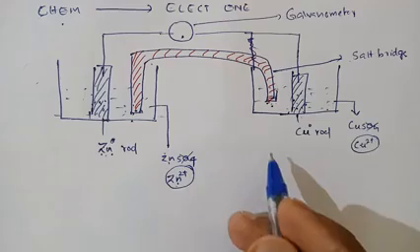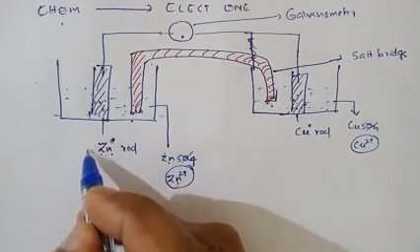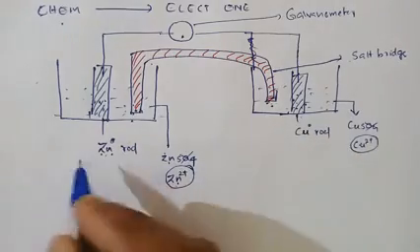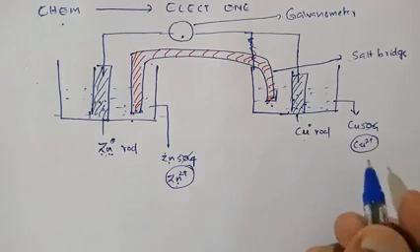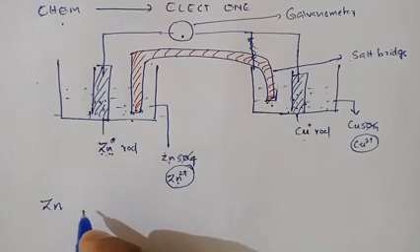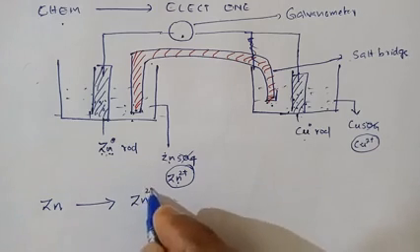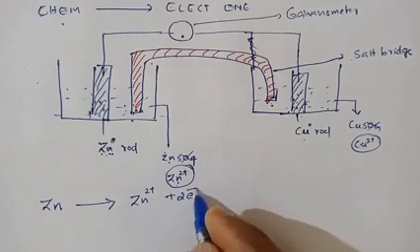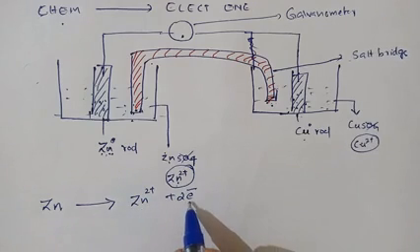According to this series, zinc is more active than copper. That means zinc oxidizes and copper reduces. When zinc oxidizes, what happens to zinc? Zinc becomes Zn2+ plus 2 electrons.